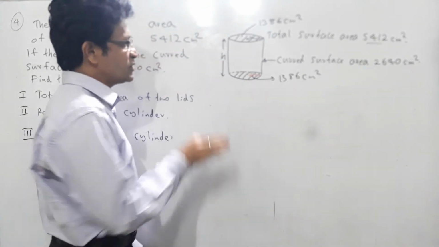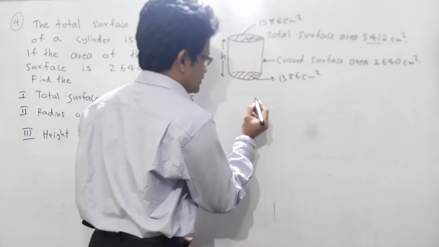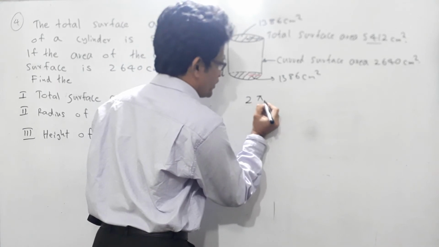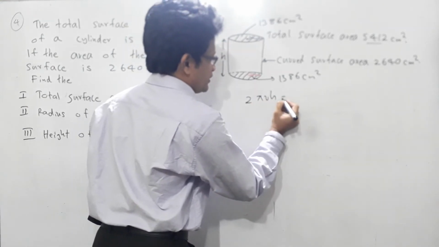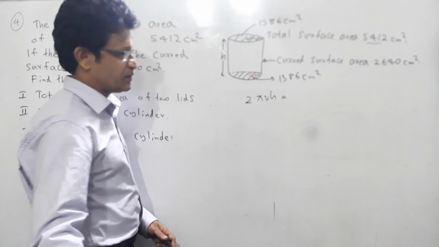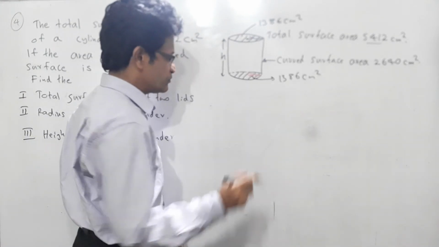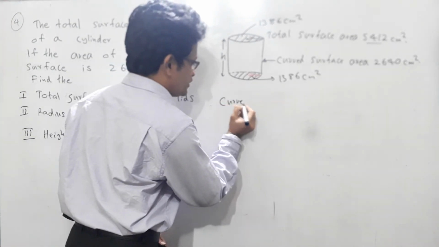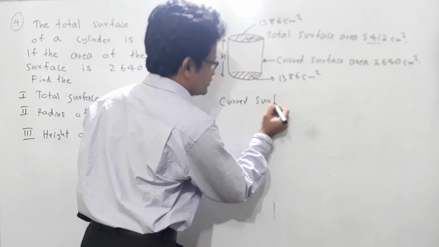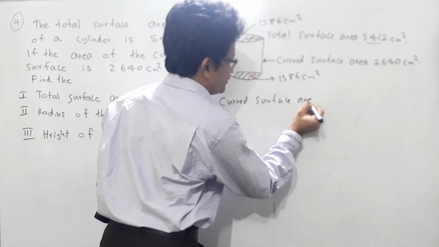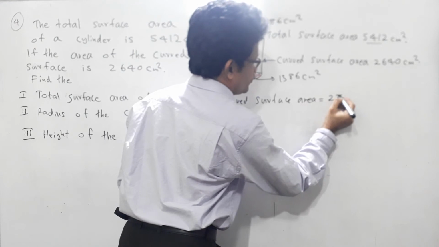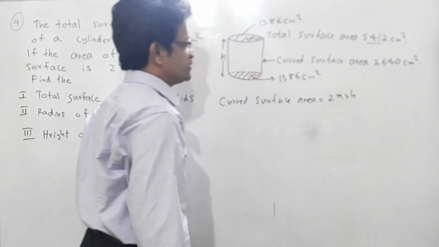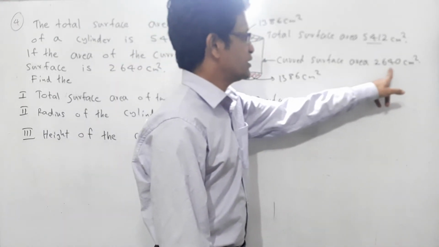You know the curved surface area equals 2 pi r h. So the curved surface area equals 2 pi r h, and that equals 2640.